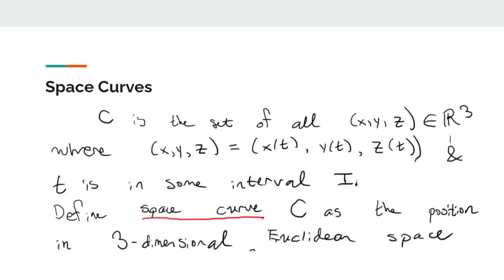If you had more parameters, it would be a higher dimensional object. But there's one parameter t, and we're just considering the set of all the points that these functions map to from the interval. And then the space curve is the position in three-dimensional Euclidean space.